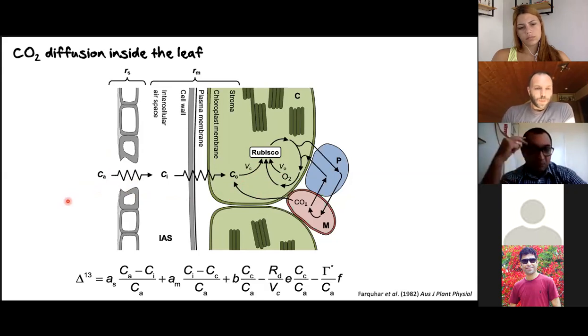And Farquhar et al., about 40 years ago, came up with this nice equation here, where they've related this isotope discrimination value that you can measure to what's going on inside the leaf.